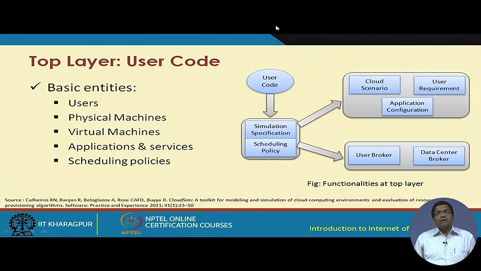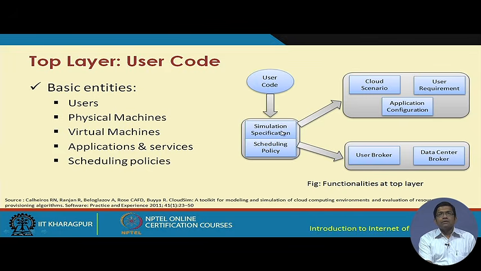The top layer basically has different entities such as the users, the physical machine, the virtual machines, the applications and services, and scheduling policies. I will show you with the help of this particular figure. You have this user code, and then you have the simulation specification and the scheduling policies.